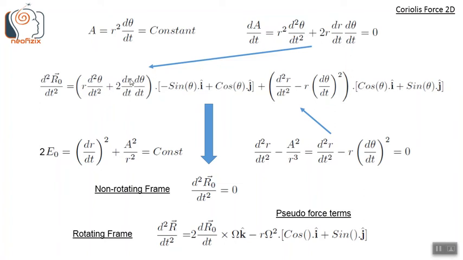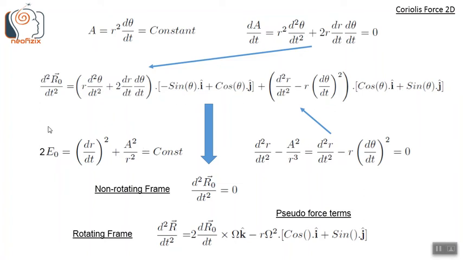So if we consider the d square r naught by dt square, the acceleration term we observed in the inertial frame, there will be a tangential acceleration term which is related to this time derivative of angular momentum dA by dt. So this term in the acceleration becomes 0 due to angular momentum conservation. So angular momentum conservation implies this tangential term becomes 0.